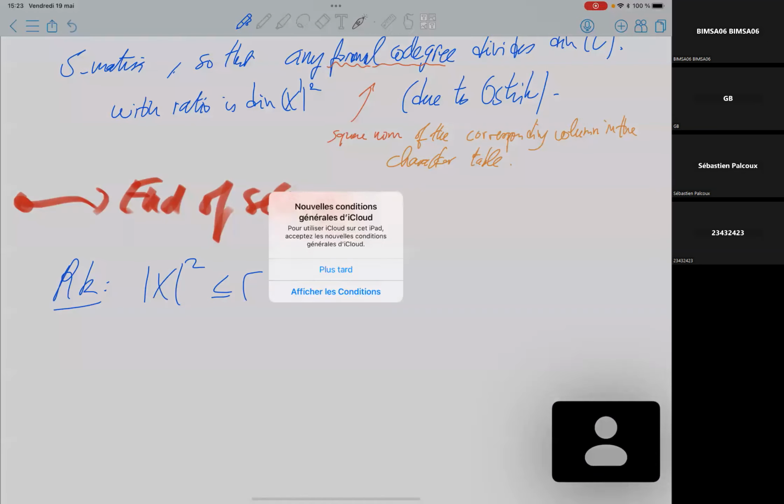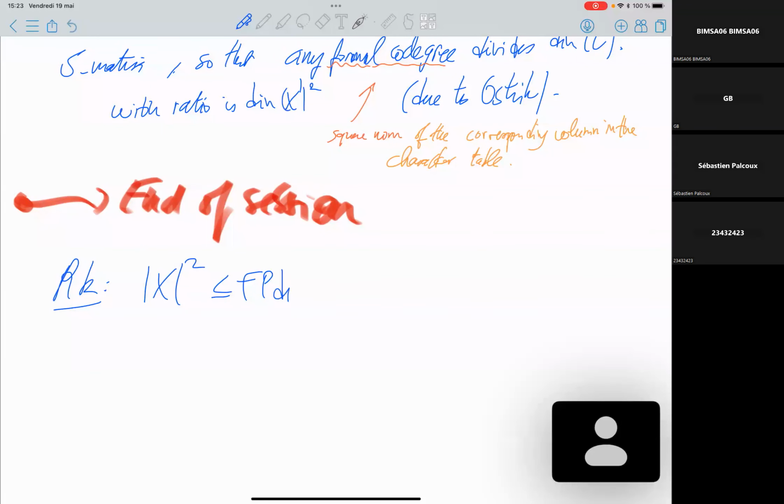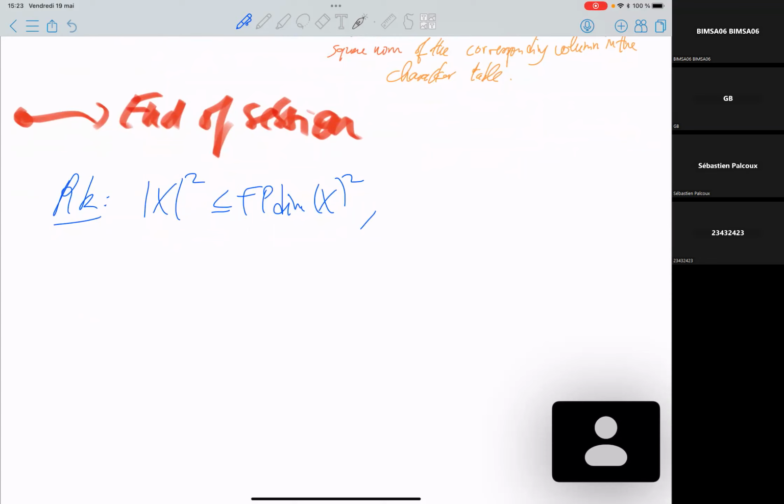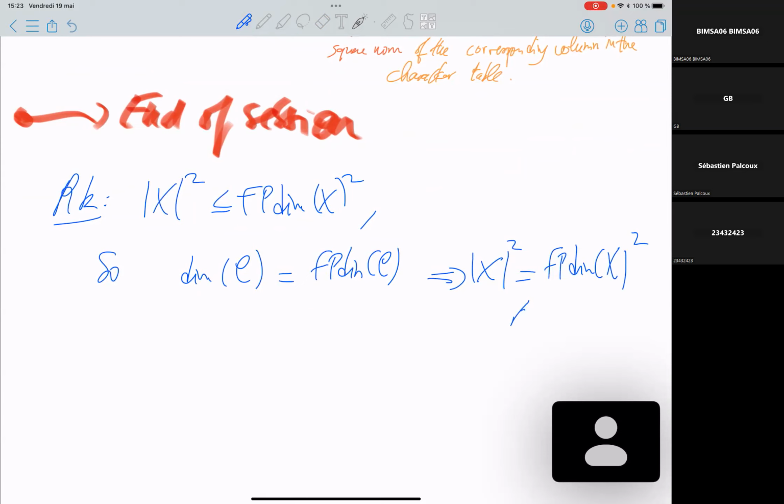We already mentioned that the square norm is less than or equal to the square of the Frobenius-Perron dimension. So if the categorical dimension equals the Frobenius-Perron dimension, then this implies that the square norm equals the square of the Frobenius-Perron dimension for all simple objects.